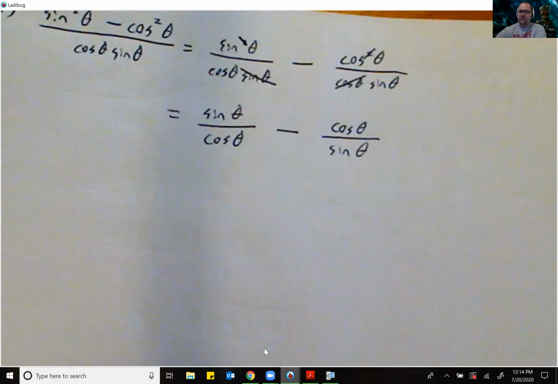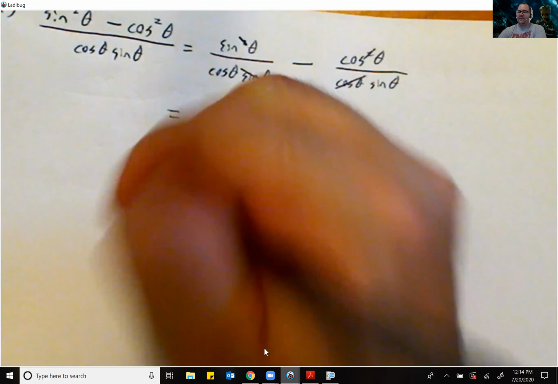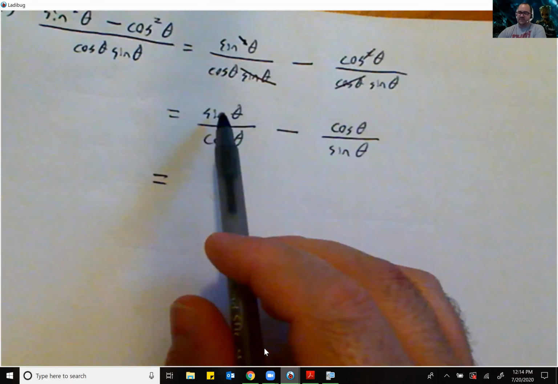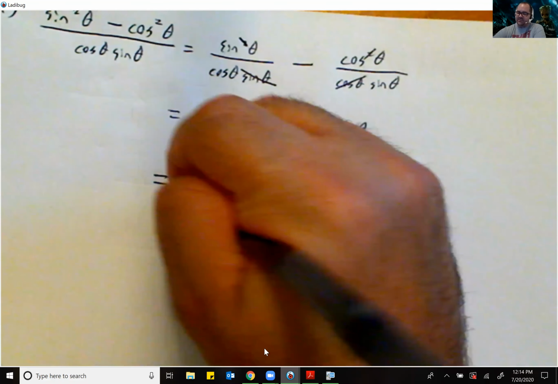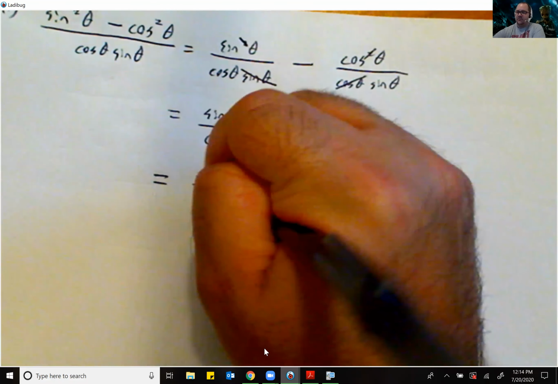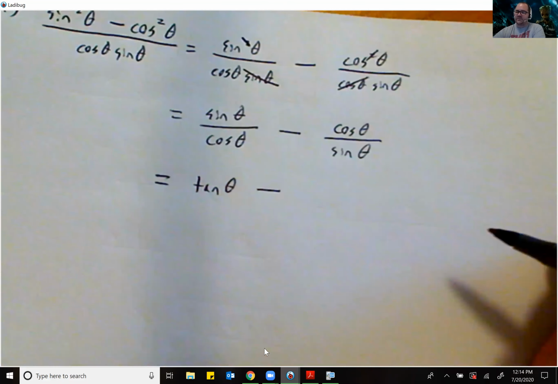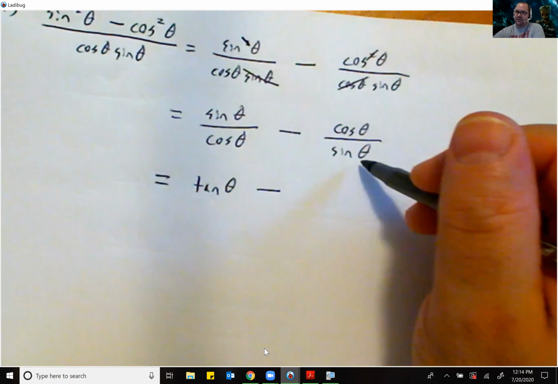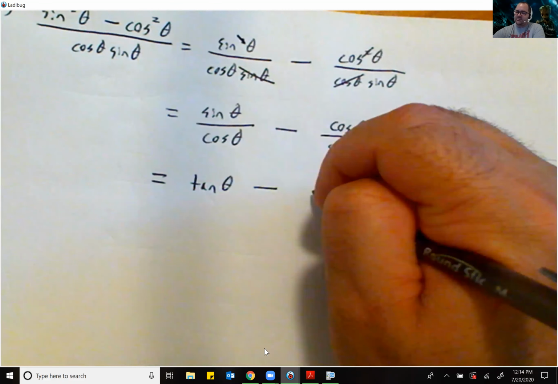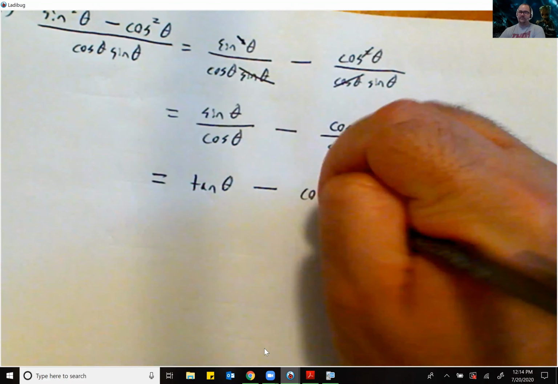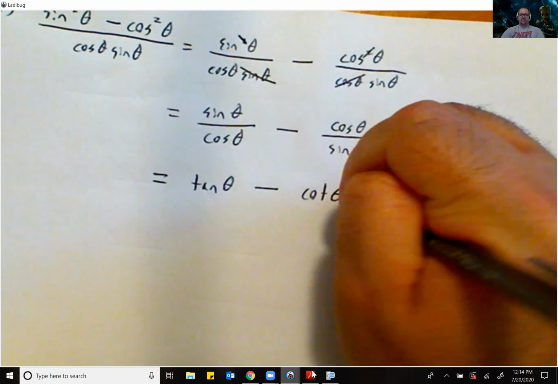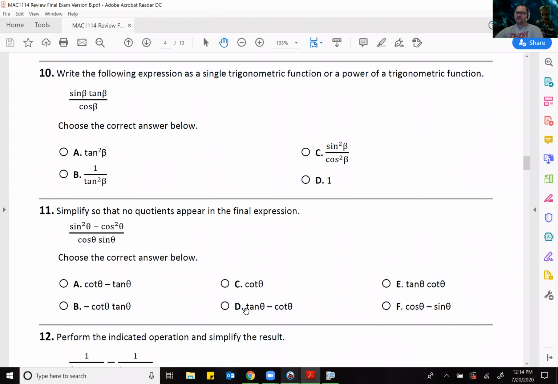So in the end, we know what sine over cosine is. That's tangent theta. See? No more division. And we know what cosine over sine is. That's the reciprocal of tangent, which is cotangent theta. And that right there leads us to the answer of tangent theta minus cotangent theta. So D is our answer.